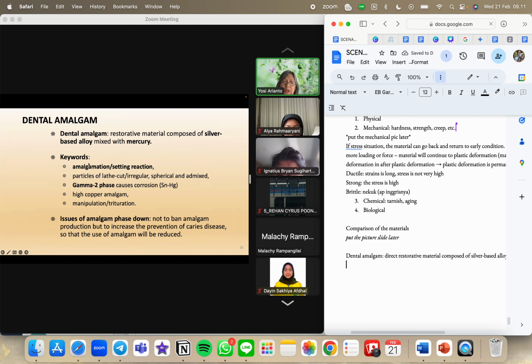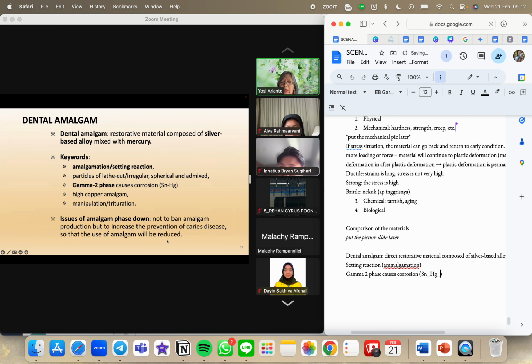The keywords that you have to know are about the amalgamation and the setting reaction. And also lathe-cut, irregular or spherical or admixed. And remember this, the gamma 2 phase is usually the compound that causes corrosion.